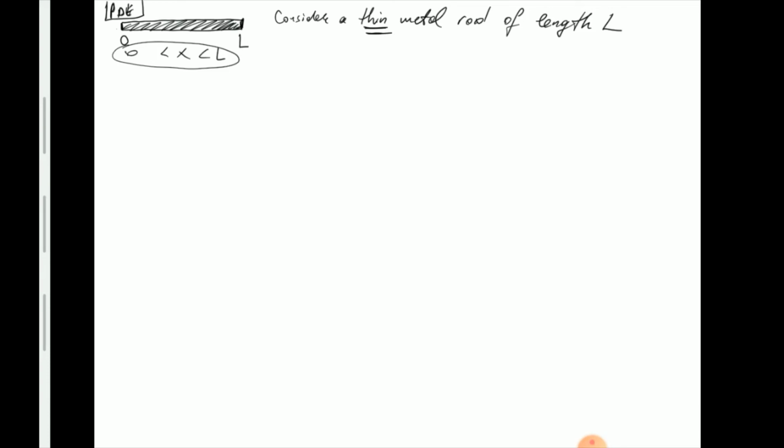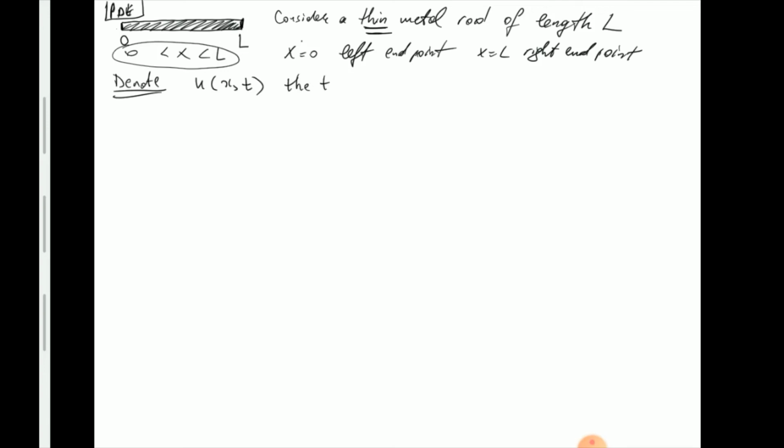So x equals 0 is going to be the left end point, and x equals big L, the right end point. And let's denote, and pay attention here, by u of x, t, the temperature of the rod at time t and location x.